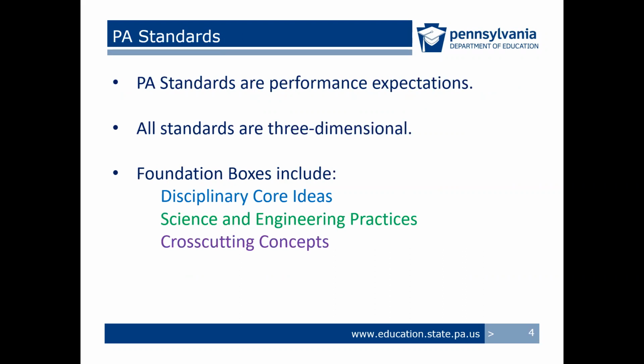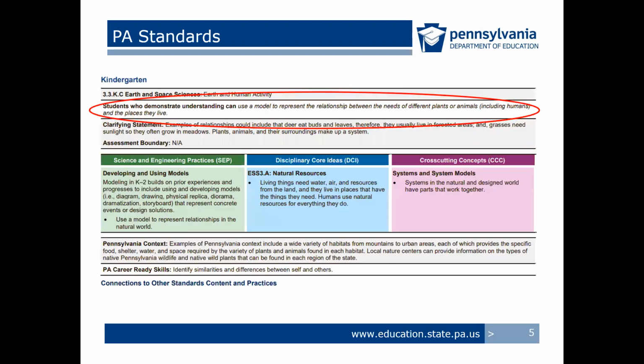All the standards are three-dimensional. They have three different components, and this is reflected in the foundation boxes. They include the disciplinary core ideas, the cross-cutting concepts, and the science and engineering practices. All three areas are part of the standards.